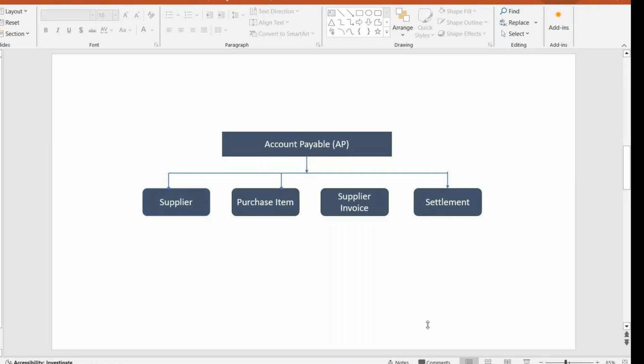Sometimes, if the item supplied by the supplier is not proper, then we can deduct some amount from him, or not pay the amount. All these rules will be there in the AP, and I'll be explaining that as part of it. Got it? Yeah, sure. Thank you.